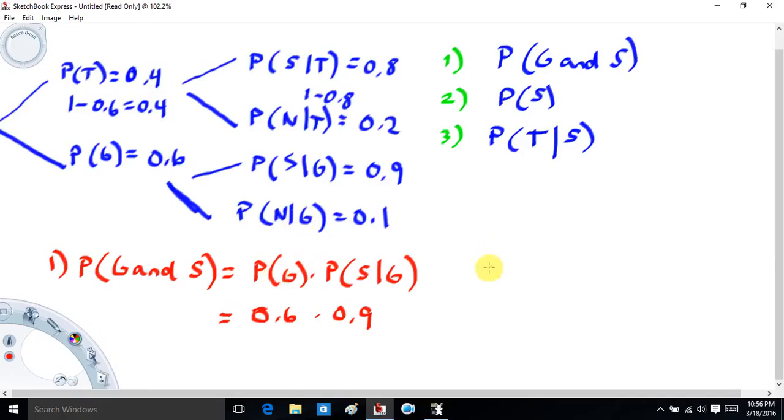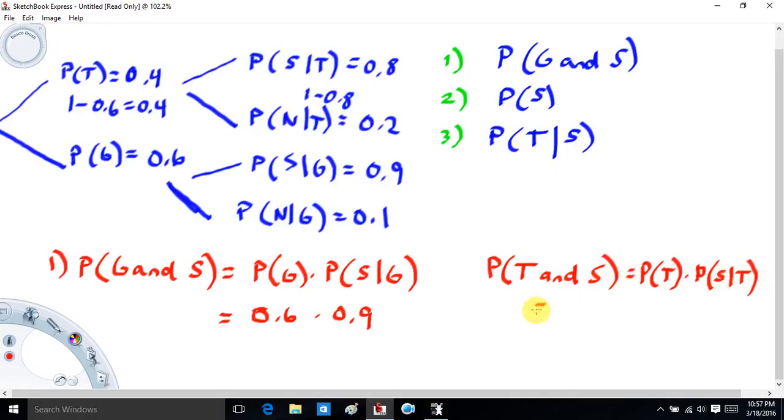And why don't we go ahead and just figure out what the probability of getting a scholarship and having Coach Tom is. That would be the probability of having Coach Tom times the probability of getting a scholarship given we had Coach Tom.